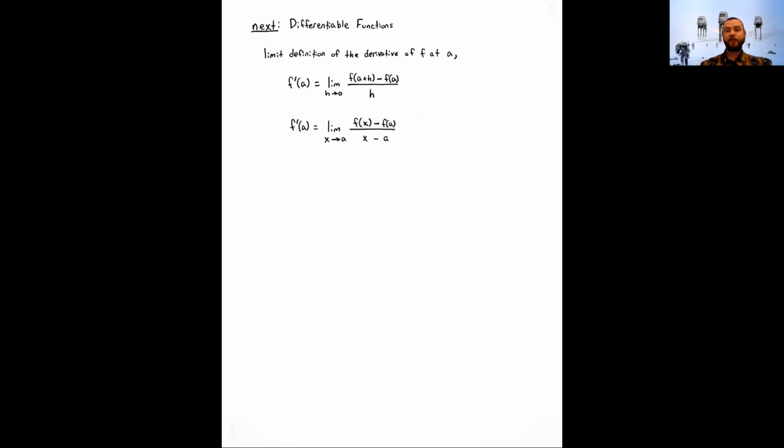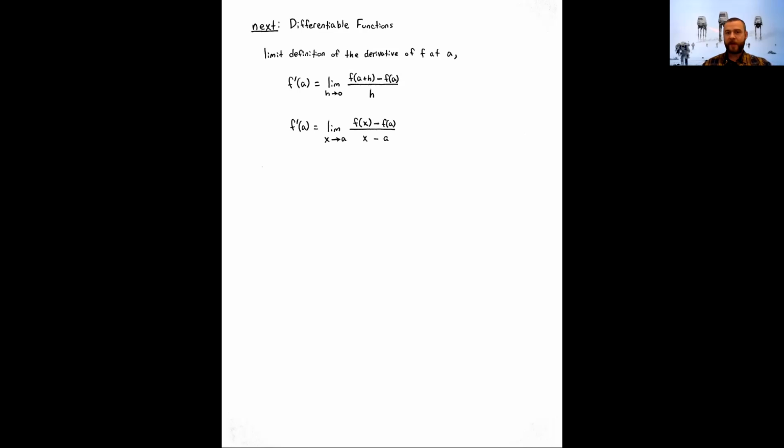Within this topic, interpreting the derivative as a function, there's a new concept called differentiability, which is, at least within Calculus 1, an important property of functions. Earlier in our course, when we were talking about limits, we used limits to define continuity or a continuous function.